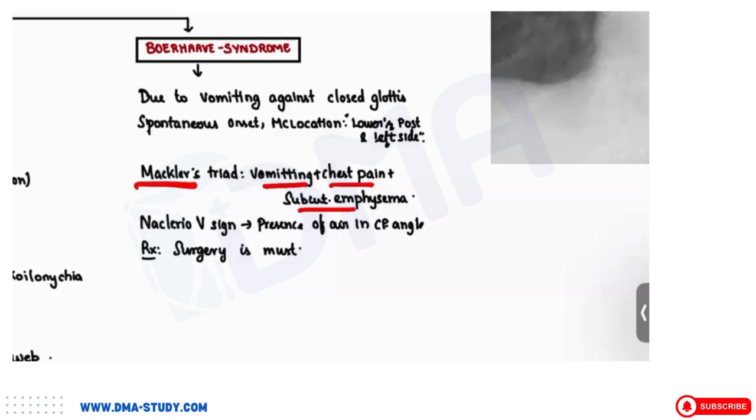You don't remember? Rib fracture, diaphragm rupture, and pelvic fracture or spinal fracture is your Beck triad.